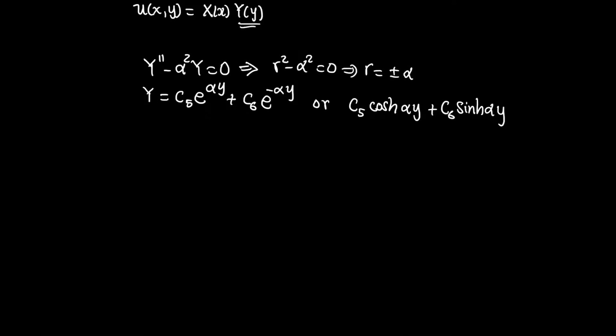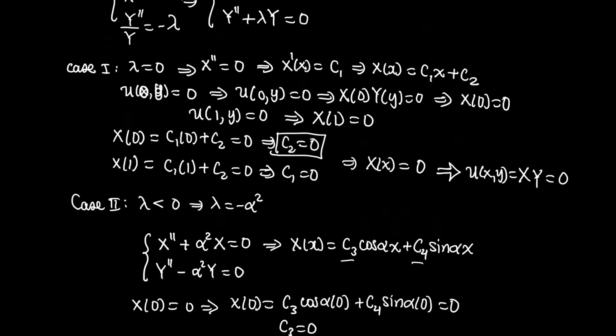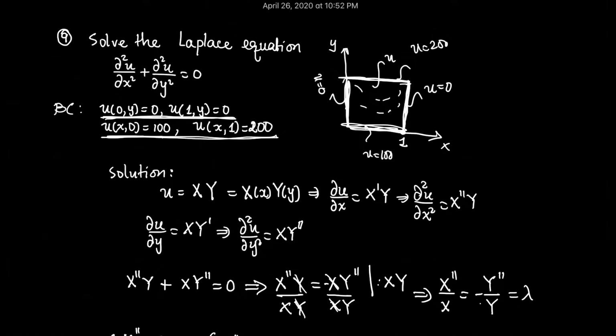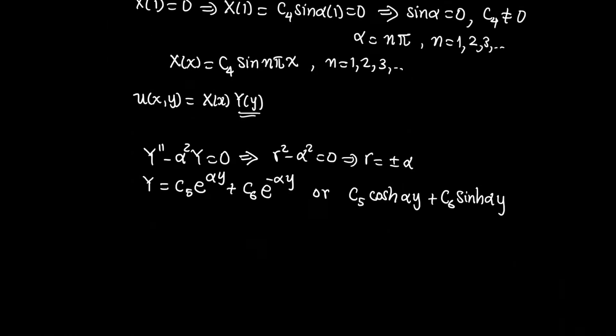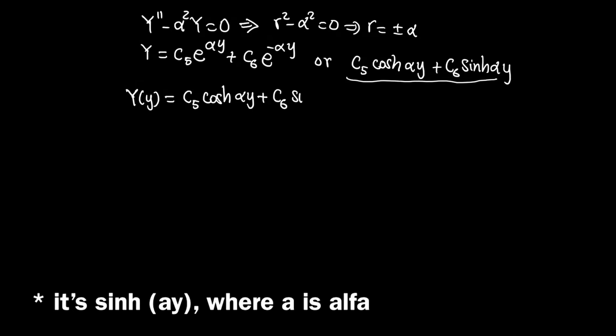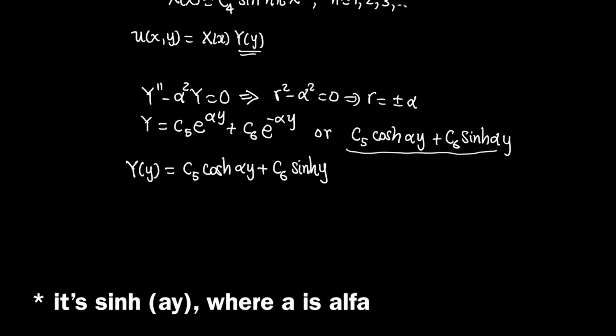Now the point is, which solution are you going to use? If we look at the boundary conditions, the plate is bounded, it's limited. We have a length from 0 to 1, and then from 0 to 1. Since the boundaries are limited, we're going to use the hyperbolic one. So y equals c5 hyperbolic cos plus c6 hyperbolic sine of alpha y.